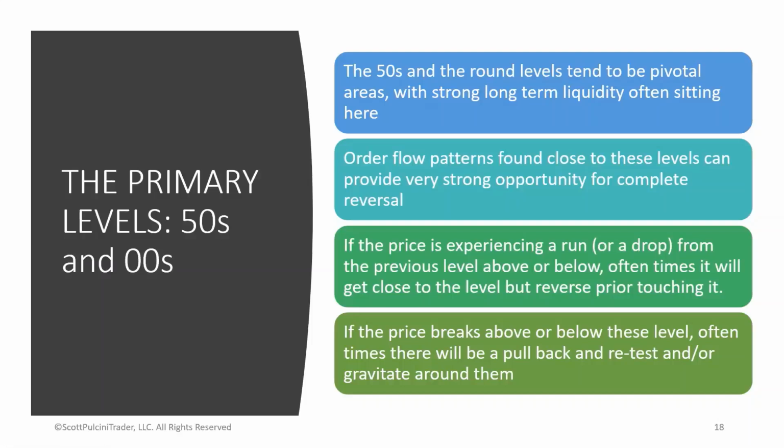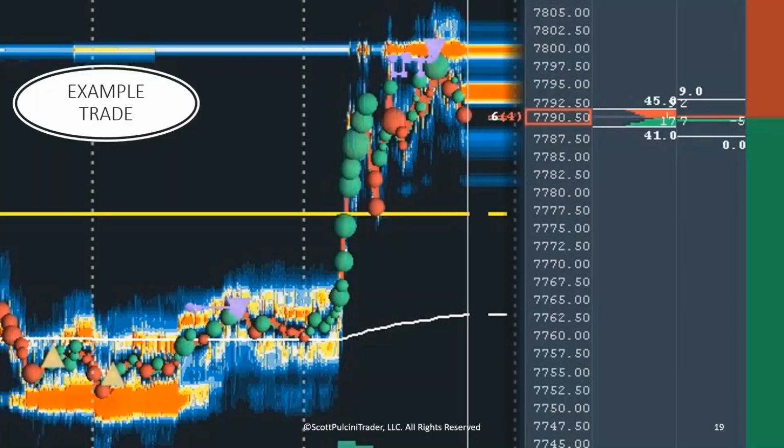Okay, so let's see, for example, here is a trade that lasted almost an entire day, a couple of trades. You see here at 7,750, look at how strong this liquidity was sitting here. Price comes down, reacts a little bit sooner.